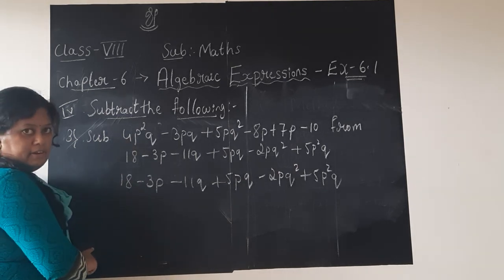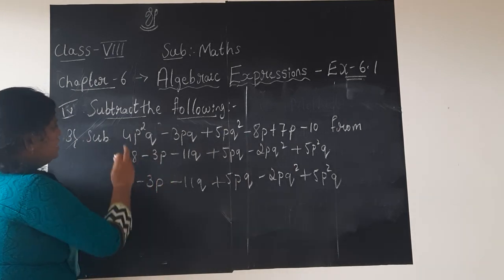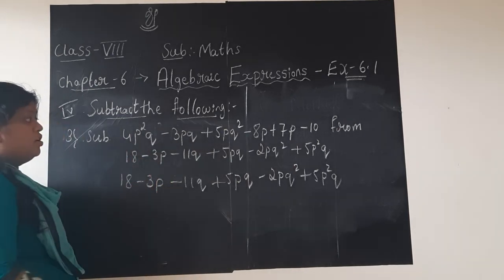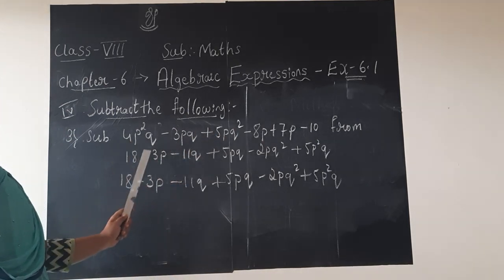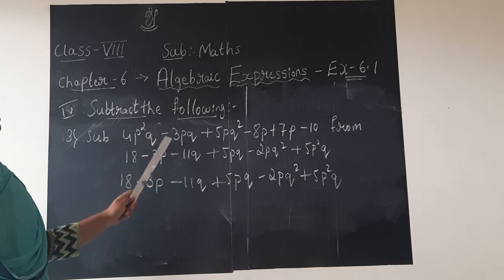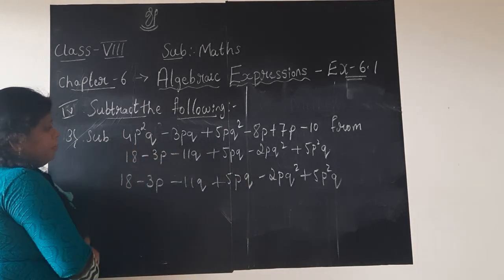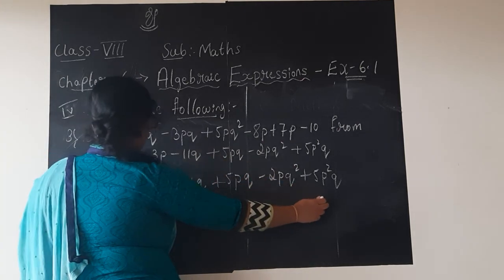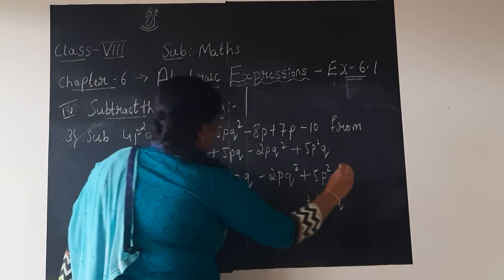So first I will write the expression as it is without changing the sign. And one more thing, children: if you observe, the terms are not given in the same order, so you need to rearrange them. The first term here is 4p square q cube. Where should I write? In the last, that is plus 4p square q cube.